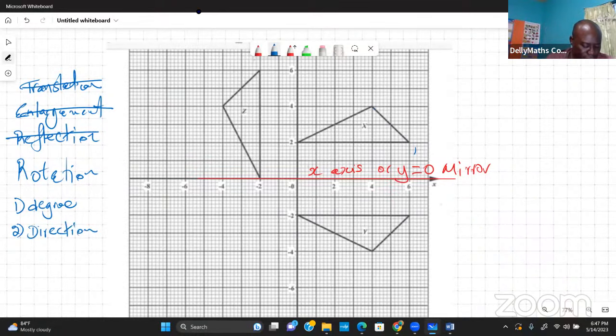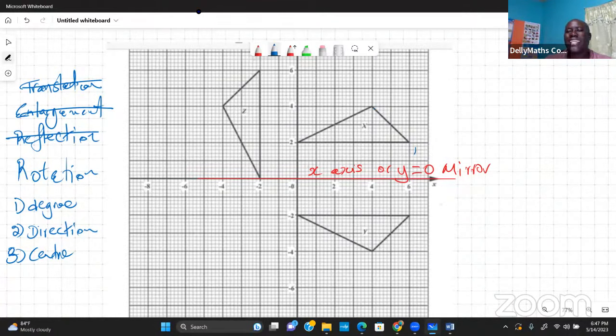You want the degree, you want the direction, and you also want the center. So as long as you're going to actually deal with a rotation, you want to give those three things. So one, it's a 90-degree rotation.